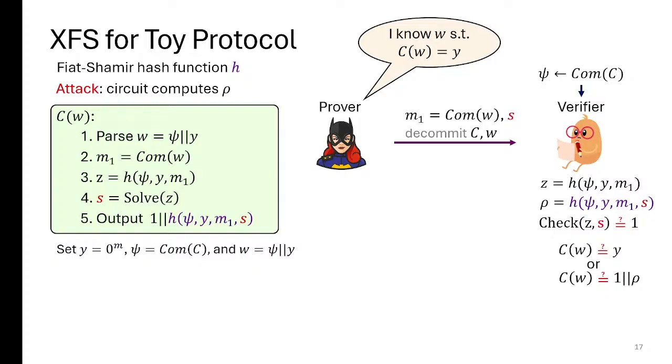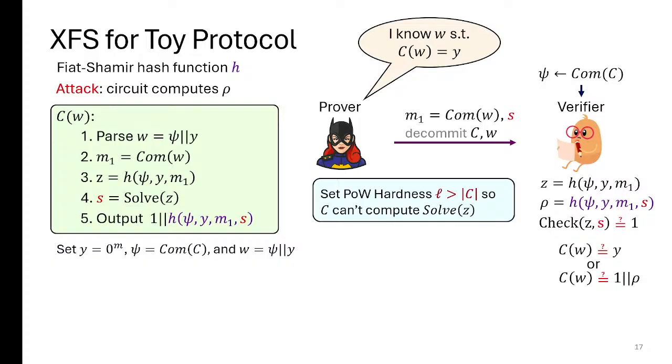And then we'll just add to compute the hash function the proof of work inside, which is computing, getting Z and solving the puzzle. And then it could output 1 concatenated by H of all of these things, which is exactly what the verifier does here. So this is just trying to do exactly the same attack and plugging it in, saying, oh, the verifier next message function is slightly more complicated now. Let's just mimic that.